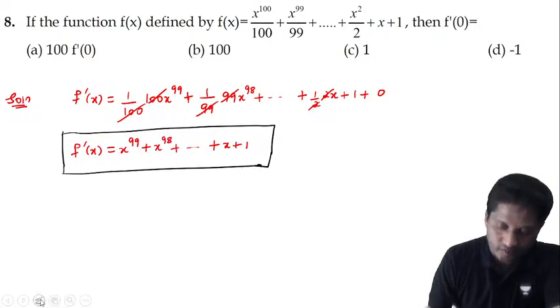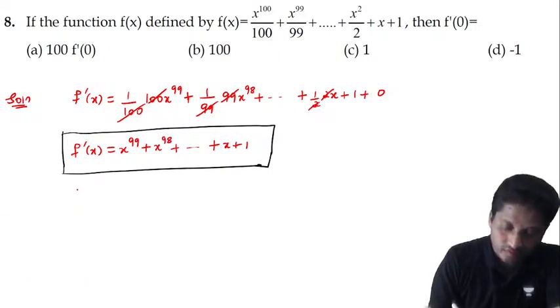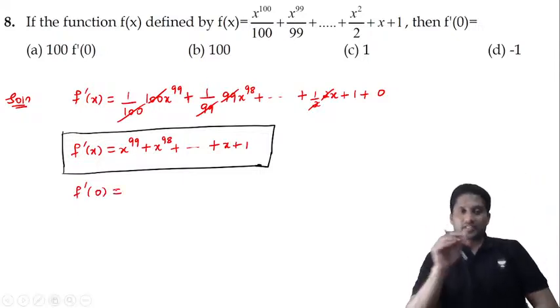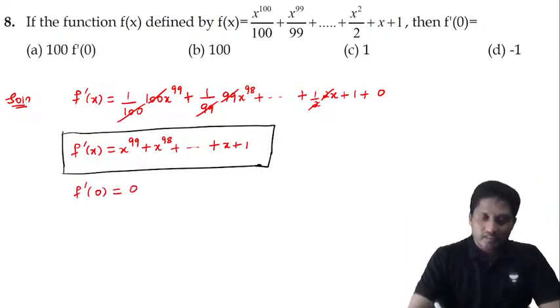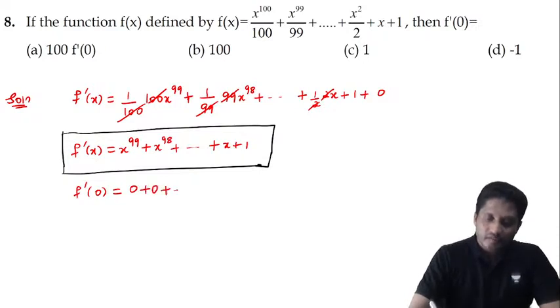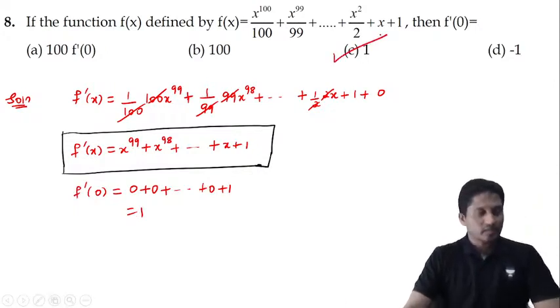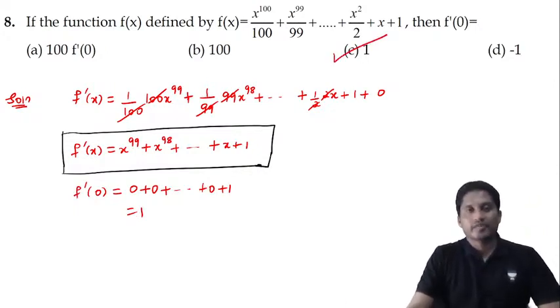We are supposed to find the value of f dash of 0. Now f dash of 0 will be obtained by placing x equal to 0. You will get 0 plus 0, and so on up to 0, plus 1. So the answer will be equal to plus 1. Now let's move to the next question.